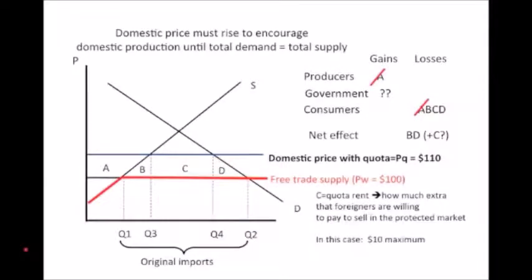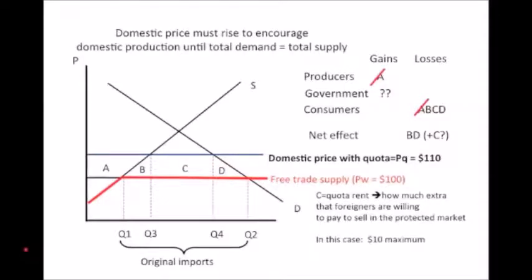Now, an important part of this story is what's called a quota rent. Now, a quota rent is the difference between what foreigners were willing to bring this product into the market for and what they're allowed to get if they're able to sell within this protected domestic market.